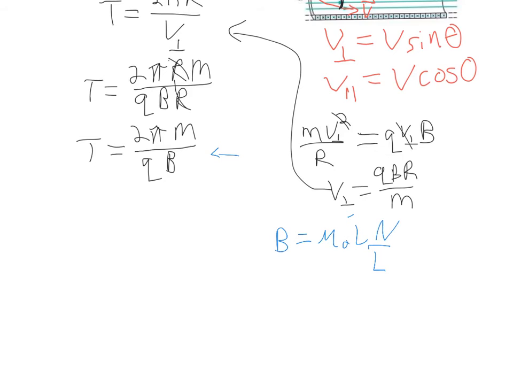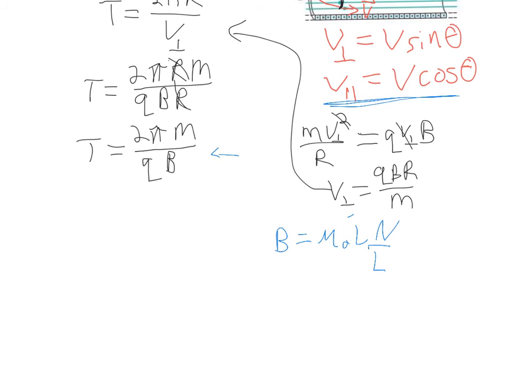Well, the length we don't know, but we do know the horizontal, or parallel, component of our velocity, which we can calculate by taking the velocity given and multiplying by the cosine of the angle theta. We know it's going to be a constant velocity in the horizontal direction since the B field isn't going to affect that.